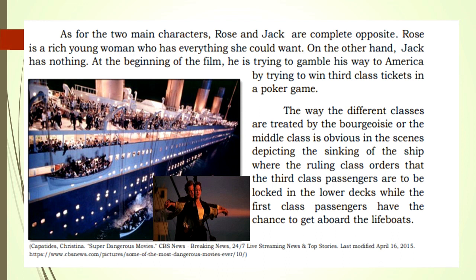The way the different classes are treated by the bourgeoisie, that's a French word for middle class, is so obvious in the scenes depicting the sinking of the ship, wherein the ruling class orders that the third class passengers are to be locked in the lower decks while the first class passengers have the chance to get aboard lifeboats. Interesting, isn't it?